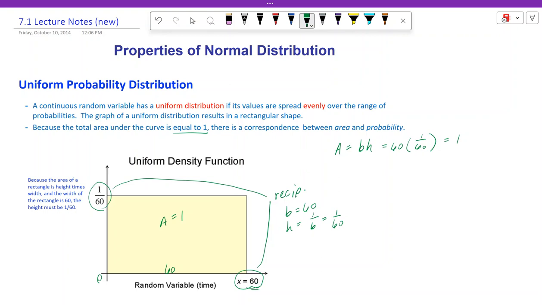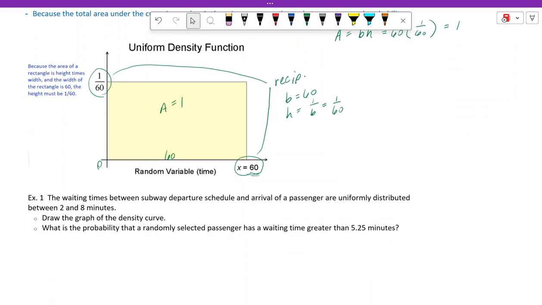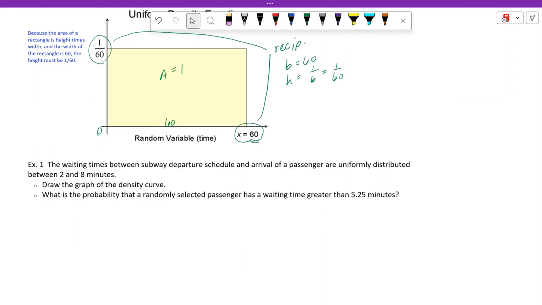So how do I use this now to calculate probability? Here is a question that we want to look at. It says the waiting time between subway departure schedule and arrival of a passenger are uniformly distributed between 2 and 8 minutes. There's two things in this first sentence that we need to understand and highlight. First, we are explicitly told that we are looking at a uniform distribution.